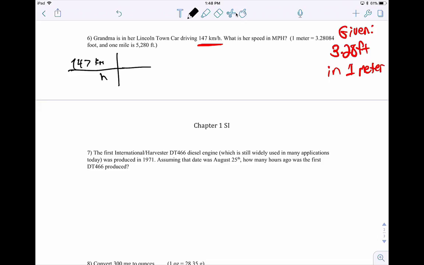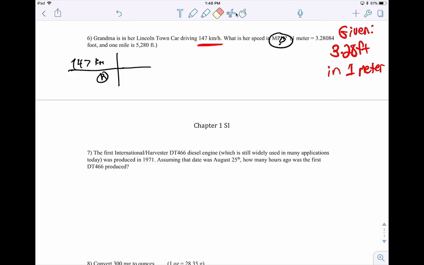So you always start with what you know, with what you're given. I can start off by canceling kilometers or hours. Kilometers is not in miles per hour, but hours is.